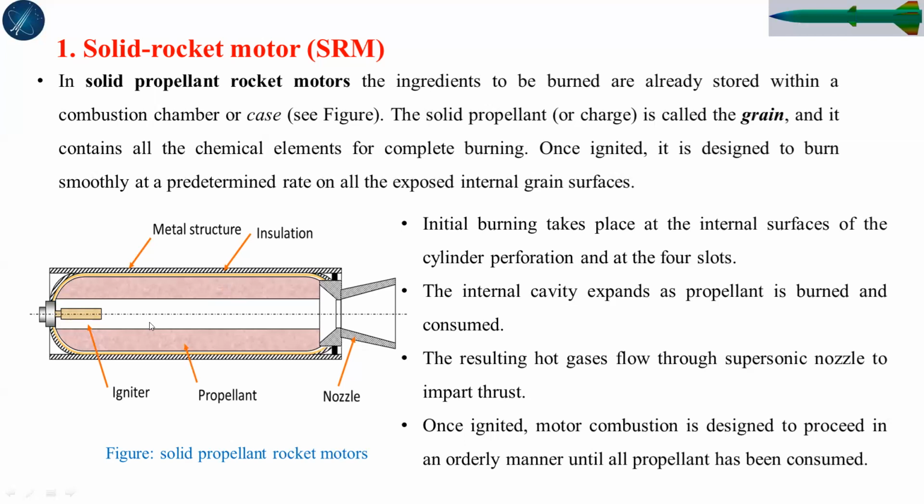If we need progressive burning, regressive burning or neutral burning, based on our requirement, we can select one type of propellant. And then after selecting the propellant, we have to design the igniter for that particular propellant.